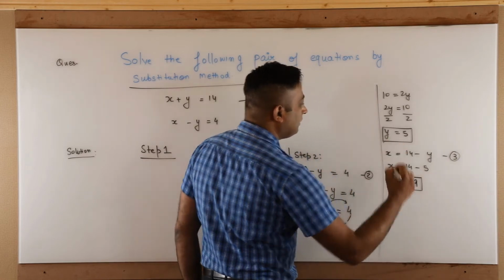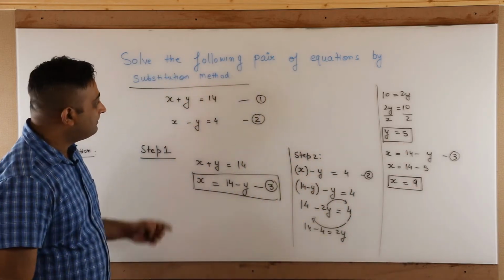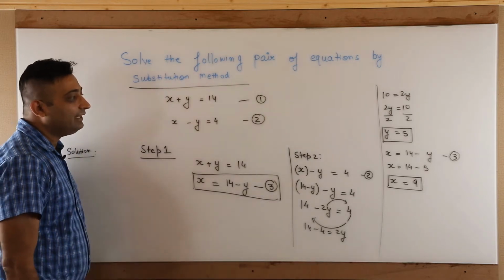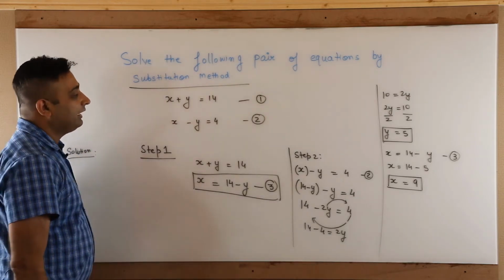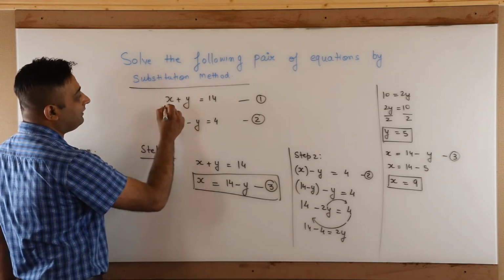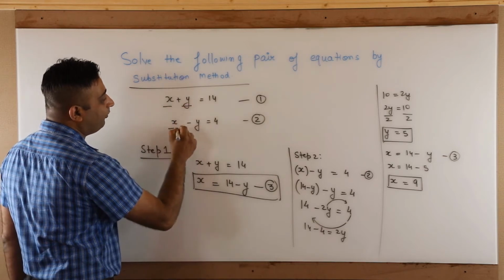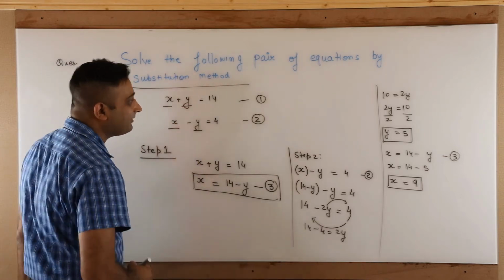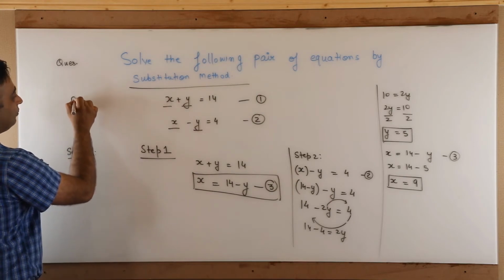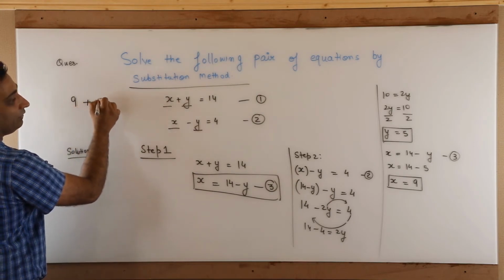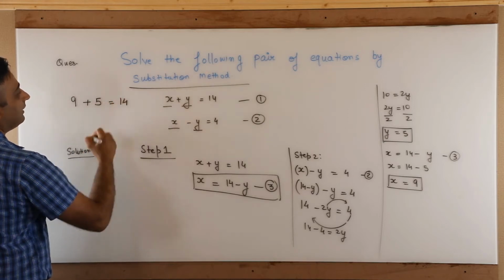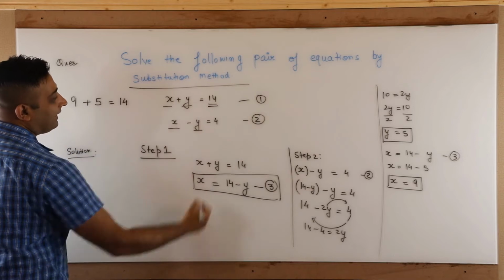So we have found the solution of this pair of linear equations in two variables, that is x equal to 9 and y equal to 5. We can also verify these values by putting the values of x and y in both the equations. Let us check. In the first equation, if we put x equal to 9 and y equal to 5, we get the left hand side equal to 14, which is equal to the right hand side.